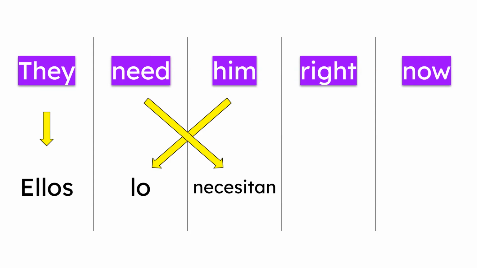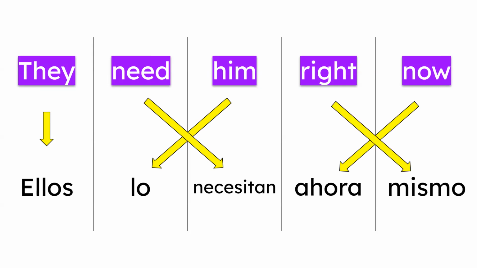Now, right now is a whole expression. It's considered a unit. And so in Spanish, we can use one word for both words in English, but in this case, let's do one by one. So right now in Spanish will be ahora mismo, okay? Right is not translated by mismo, but when you've got this expression right now, then we say ahora mismo.